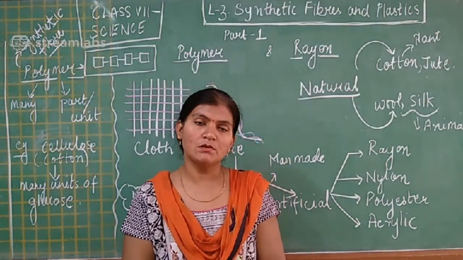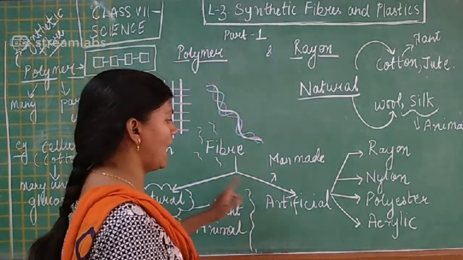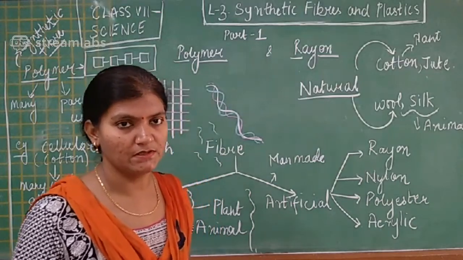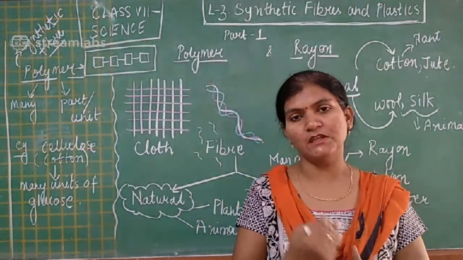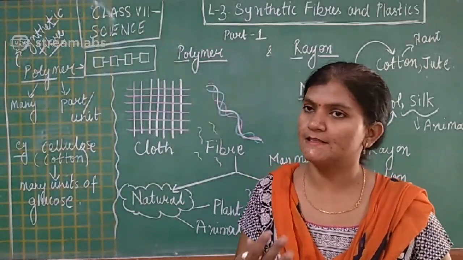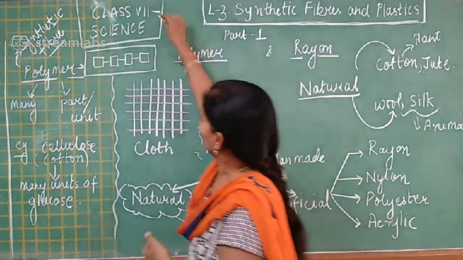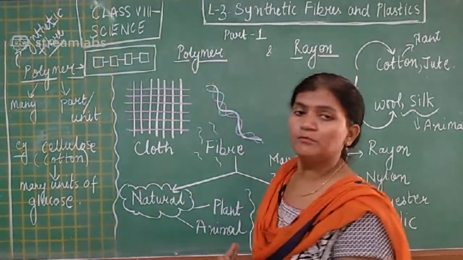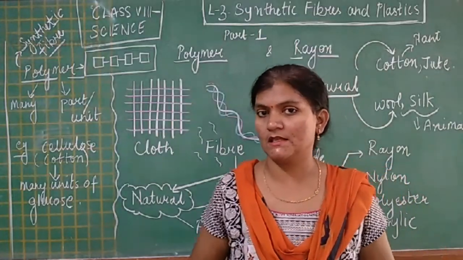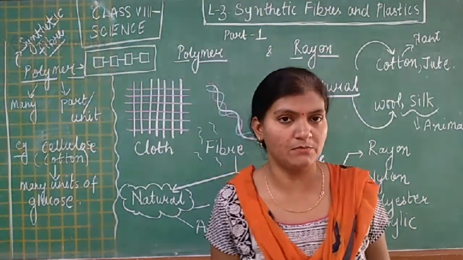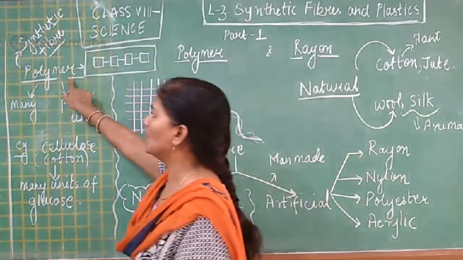Okay students, so this was all about the natural and artificial fibers. Now students, natural fibers I think have been covered in 6th and 7th classes, and in this lesson we will put more stress on synthetic fibers, right? So actually the synthetic fibers are polymers.